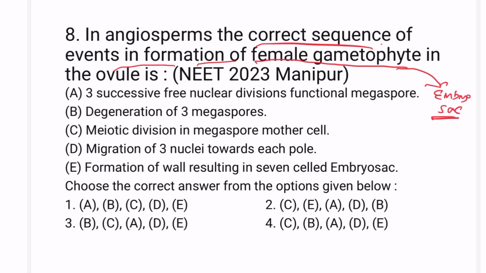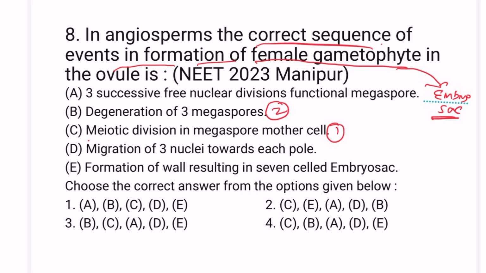If you look at all these statements, what's the first step? It is going to be C, meiotic division in the megaspore mother cell. After meiotic division, 4 megaspores are formed, and out of those 4 megaspores, 3 of them degenerate. So this is going to be the second one.